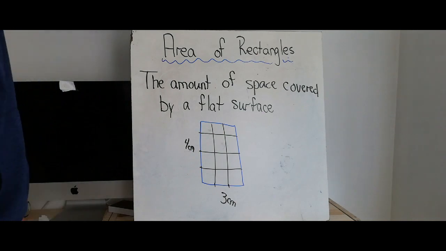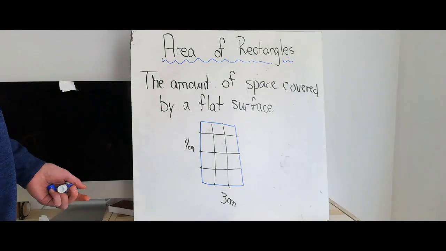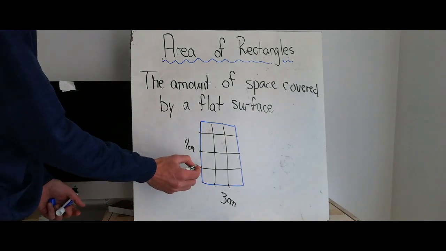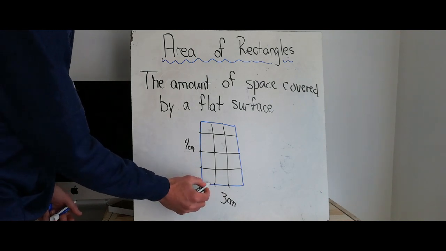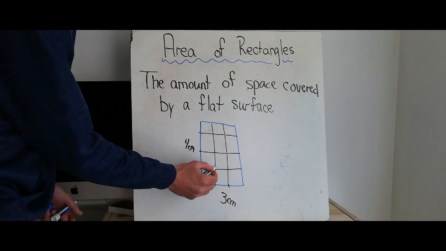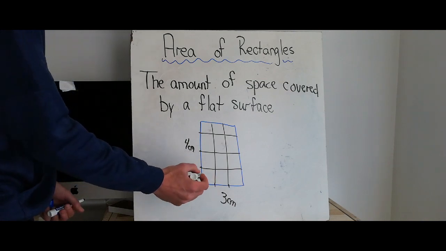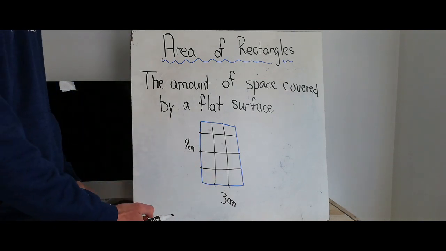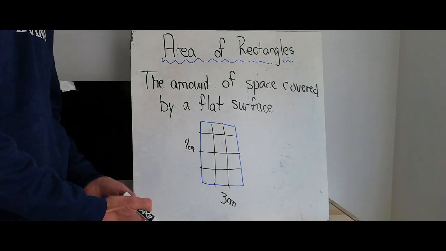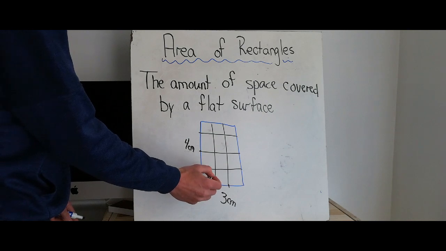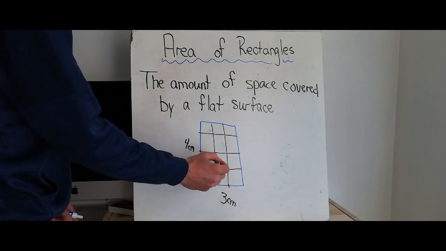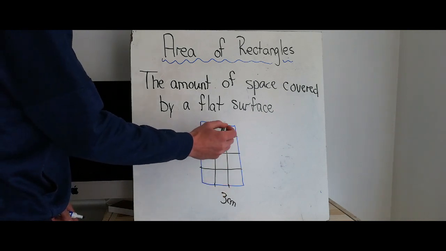Okay, so now the way area is measured, if this is 1 centimeter, and this is 1 centimeter, each of these is a 1 centimeter square, basically. So if I count up how many there are, 1, 2, 3, 4, 5, 6, 7, 8, 9, 10, 11, 12.